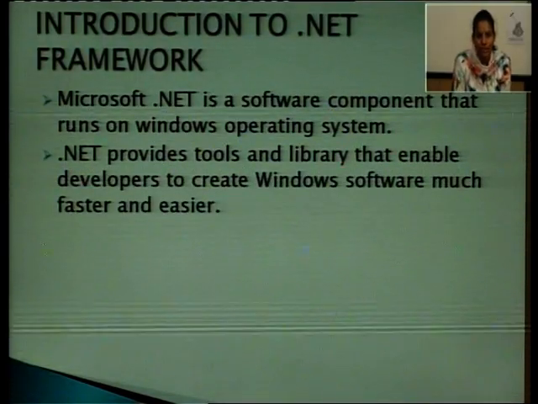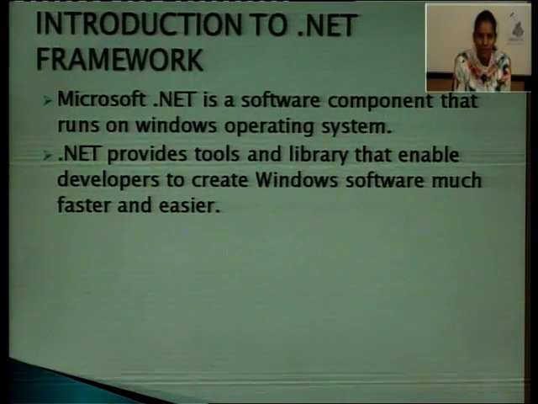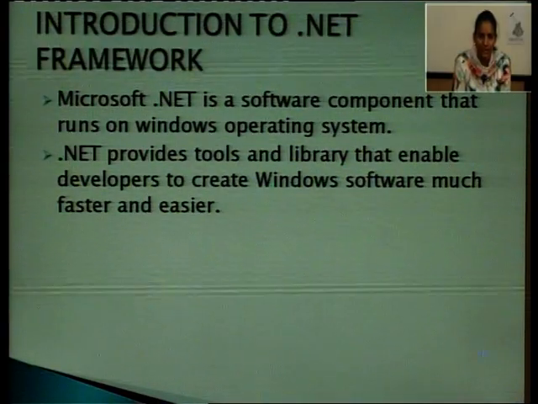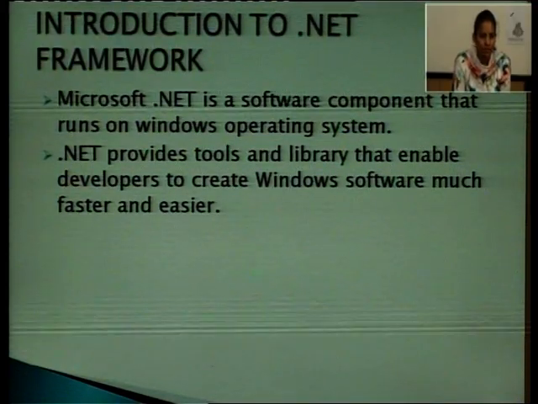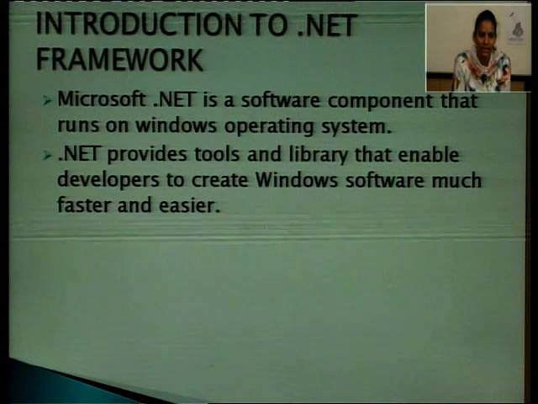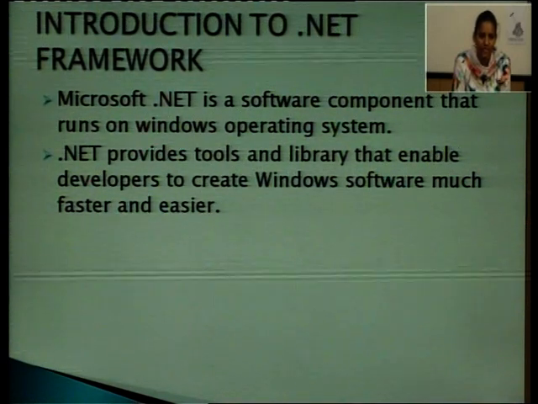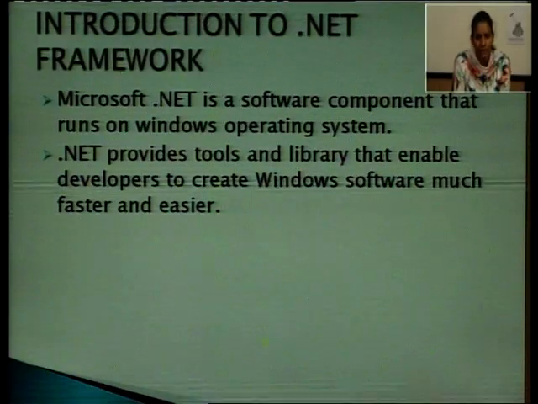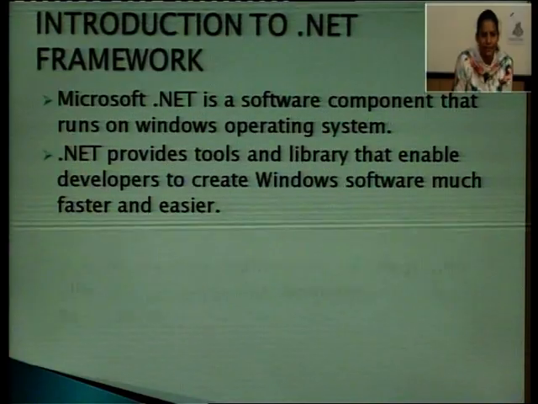So .NET provides tools and libraries that enable developers to create Windows software much faster and easier. In the .NET framework, there are already a number of built-in classes, assemblies and interfaces which enable a user to create Windows software faster and easier.